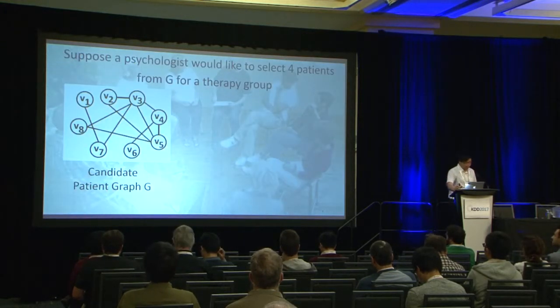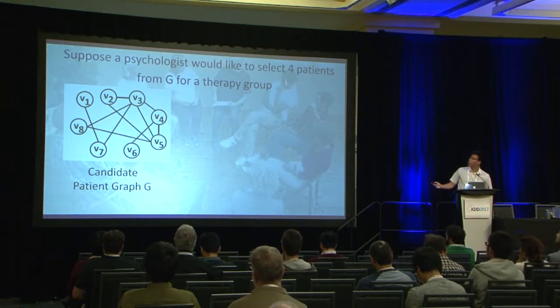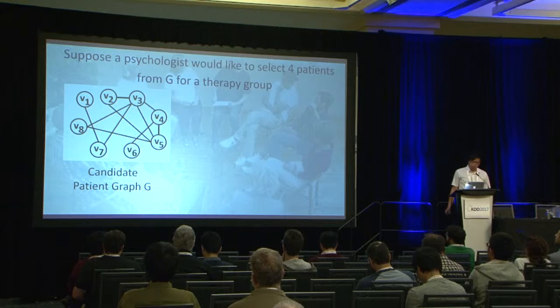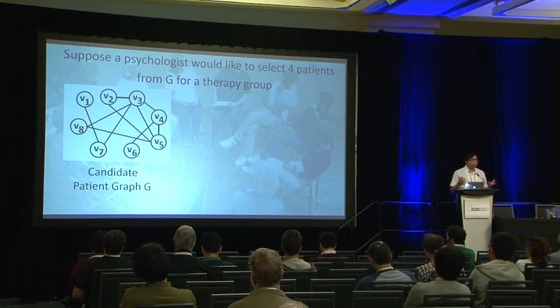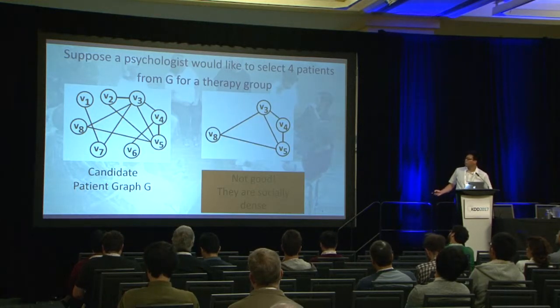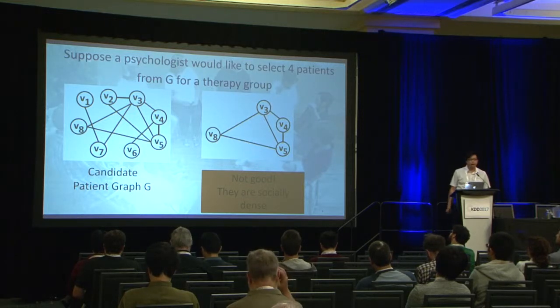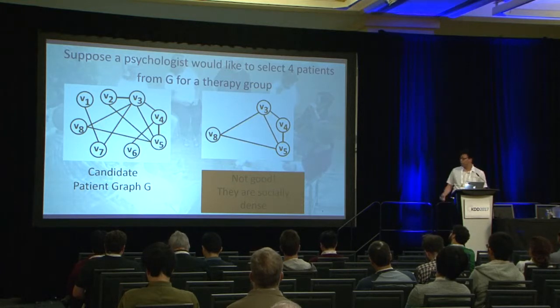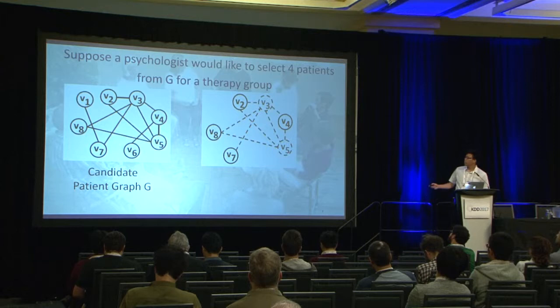So let's take a look at an example. Assume that we are going to find 4 patients from a social network. Assume that we have preprocessed the social network to include only the patients with similar symptoms who are suffering from the same disorders. So for the first group here, V3, V4, V5, and V8. Actually, this is a socially dense group. And in fact, this is not good. For the second one, we have V2, V4, V7, V8. This is a little bit better because they do not induce any edges.